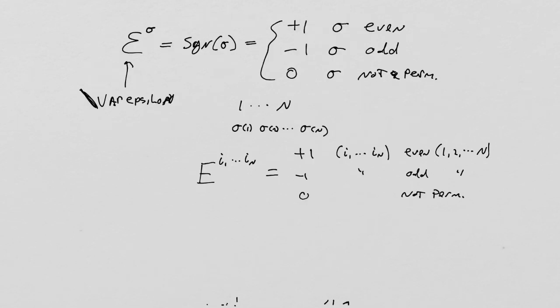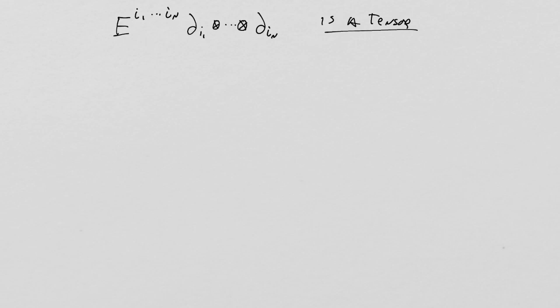Okay, so now, what do we mean? We know that this thing, E I1 to IN sub I1 tensor product IN, is a tensor. We've agreed on that. So what does that mean? Well, that means that we can lower the indices of this guy.